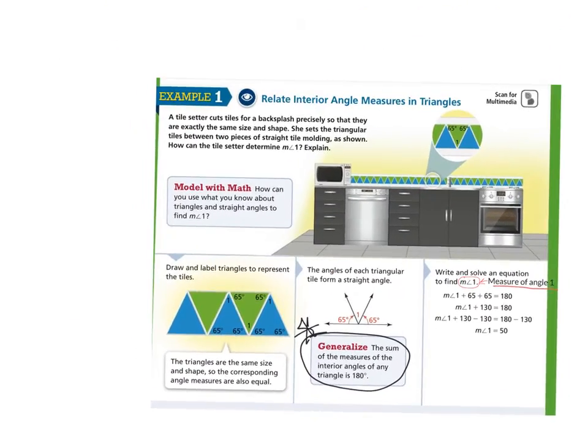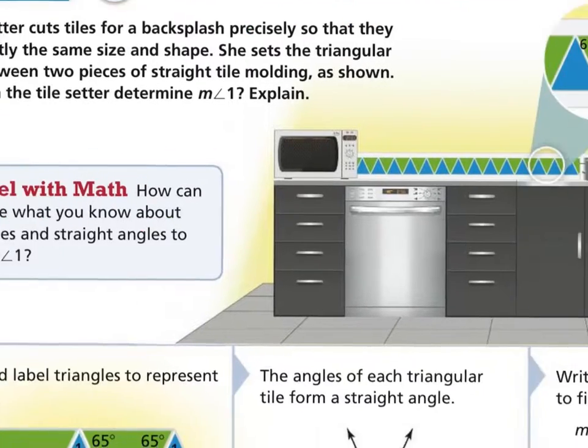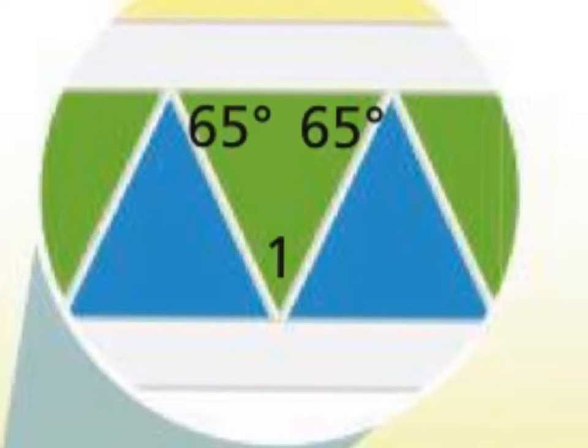So if we look at their problem here on example 1, we have a tile setter cutting tiles. They want them all to be the same size and shape. And the question is, how can the tile setter determine the measure of angle 1? If you look at their picture, you can see on their triangle they've got two 65-degree angles and an unknown angle.